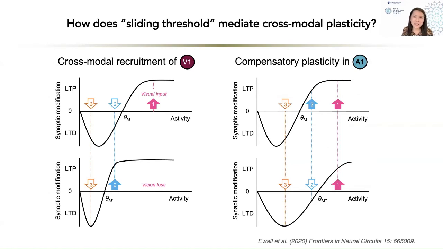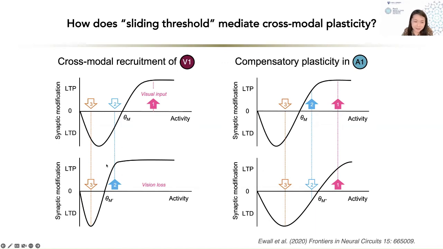How does the sliding threshold model mediate cross-modal plasticity is what I want to leave behind here. We think it can explain both modes of changes. In the visual cortex, you can imagine when you lose vision, the major input disappears, meaning the threshold for synaptic modification will slide down, so the second best input, which used to fall below the threshold to be weak, can now cross the threshold and become stronger.